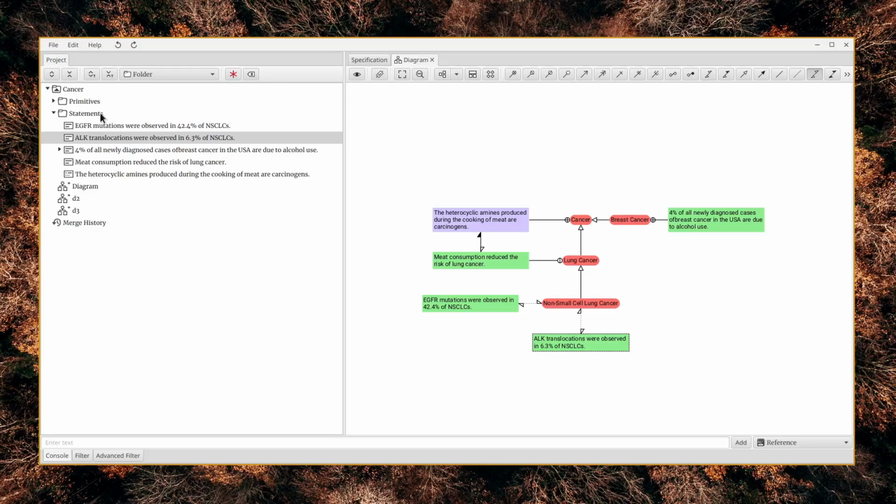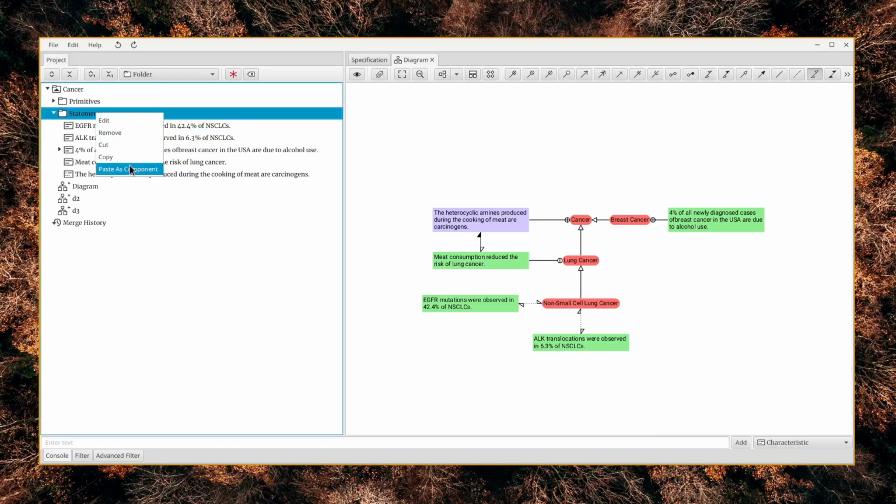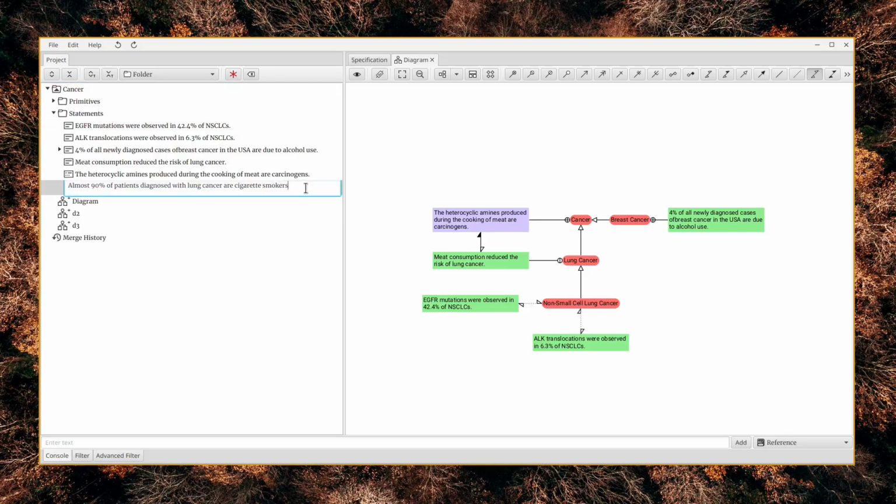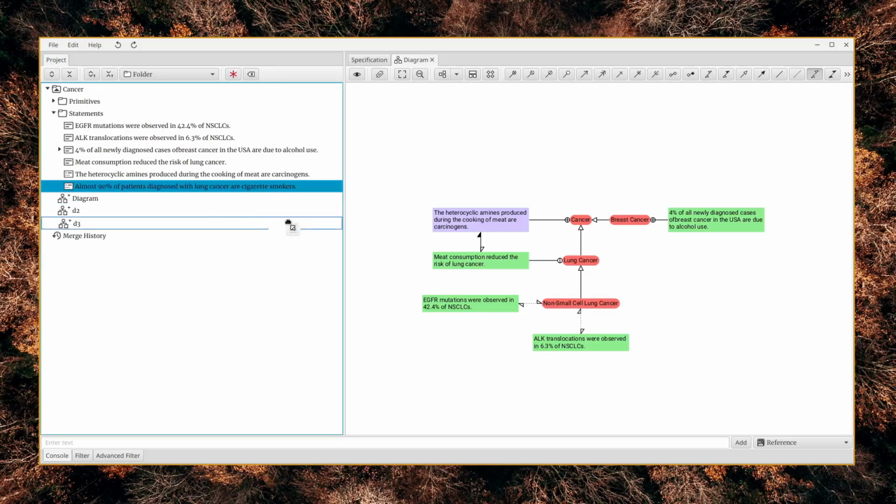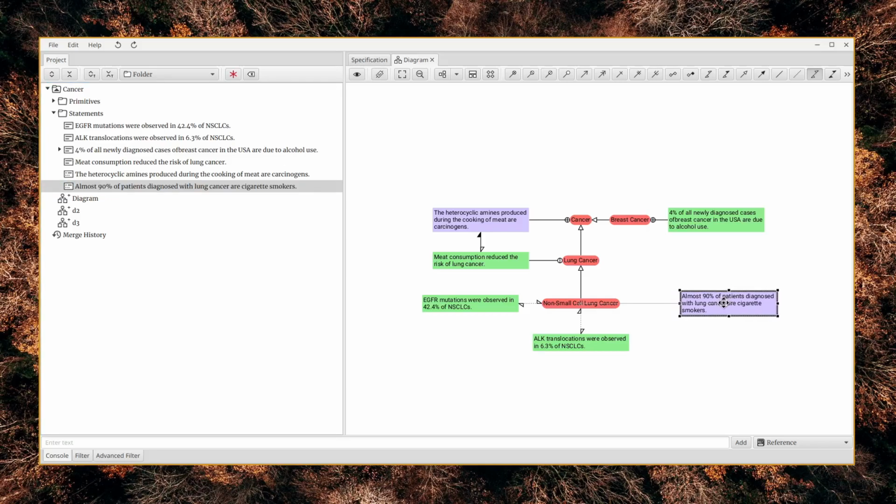While it is a well-known fact that smoking contributes to lung cancer, let's assume that this information was not discovered yet and we just found this statement. In this scenario, it could help us raise a hypothesis. Cigarette smoking contributes to the cause of lung cancer.